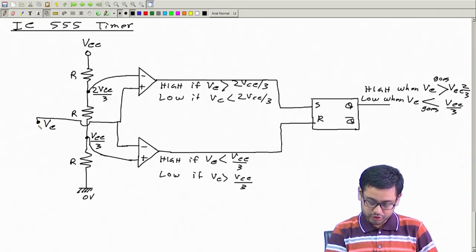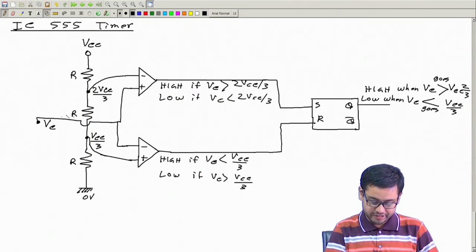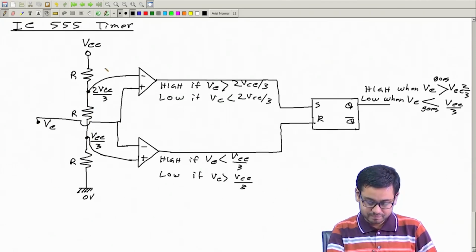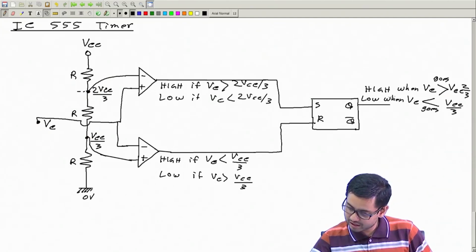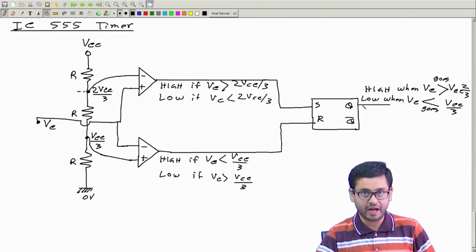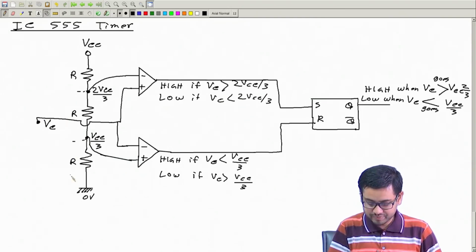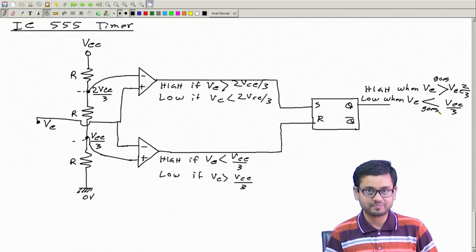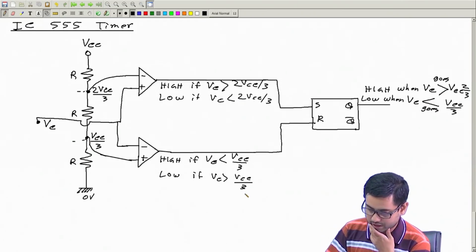If it goes above this level, the output will be high, and if it falls below this level, then the output will be low here.